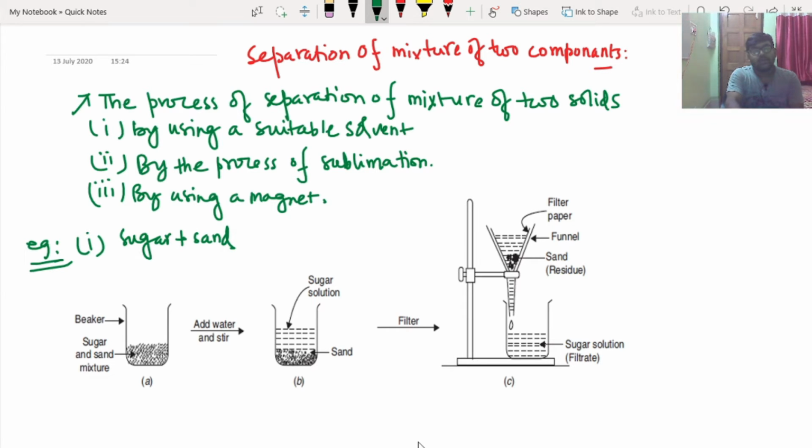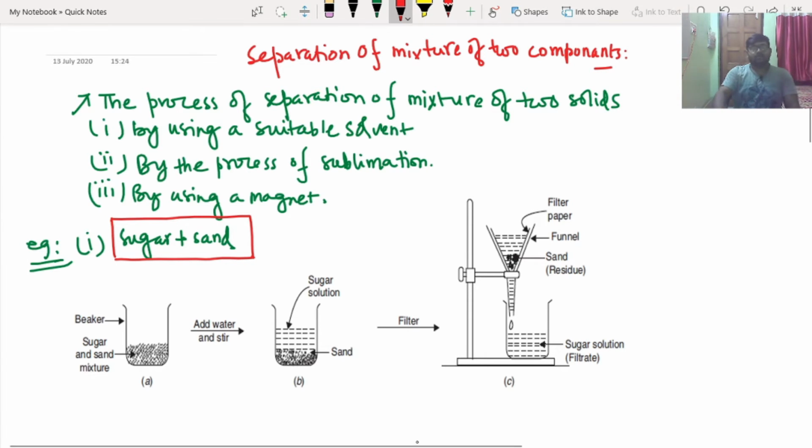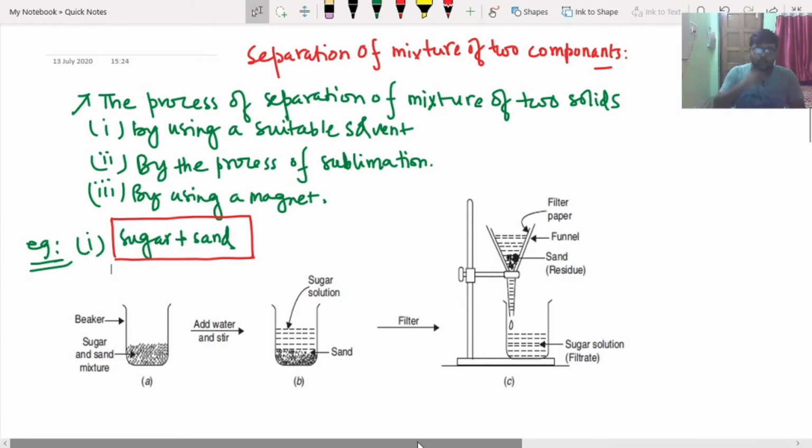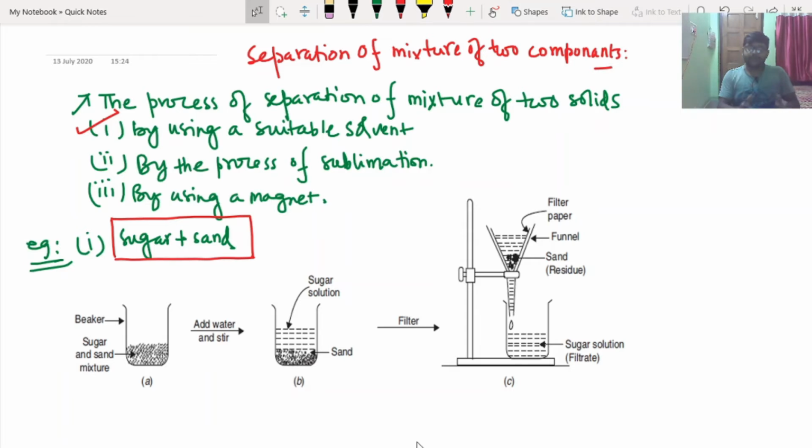We have to separate these two, the sugar and the sand, from the mixture. Obviously we can do it by using a suitable solvent. Here, the solvent is nothing but water.